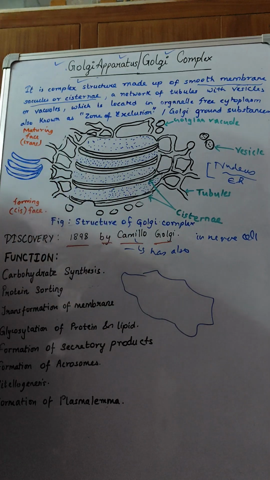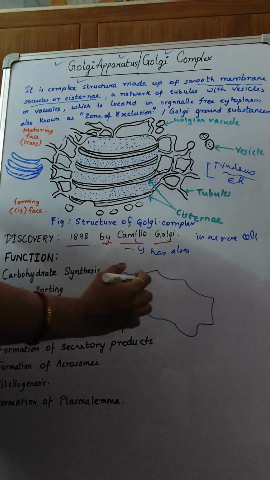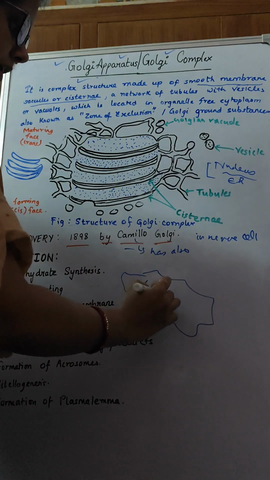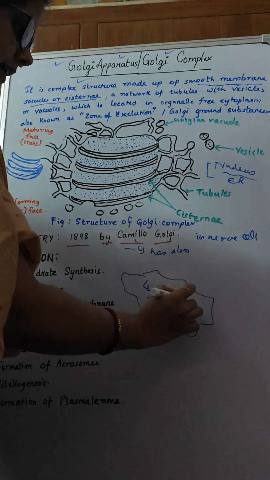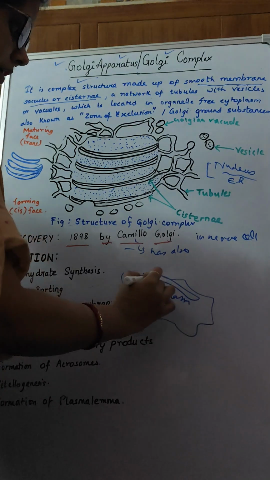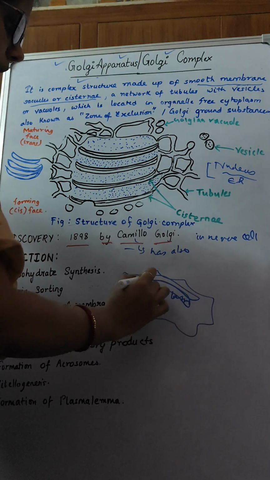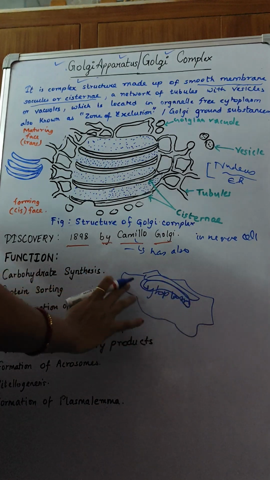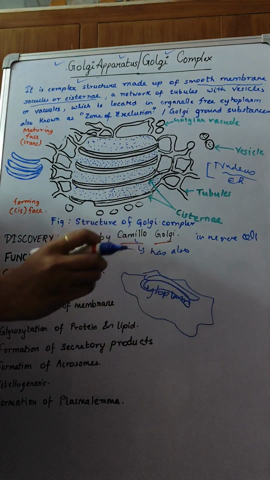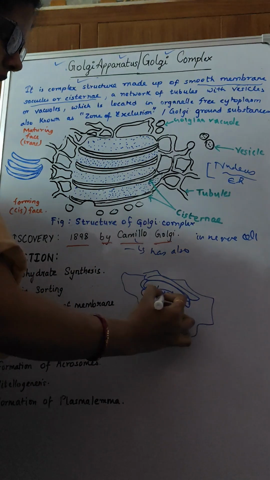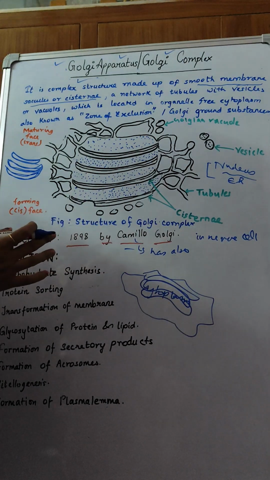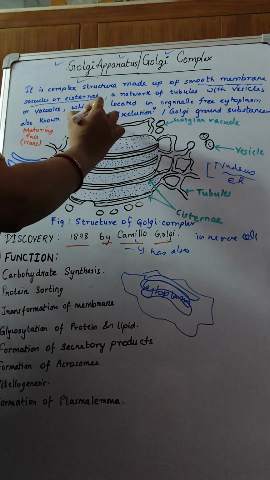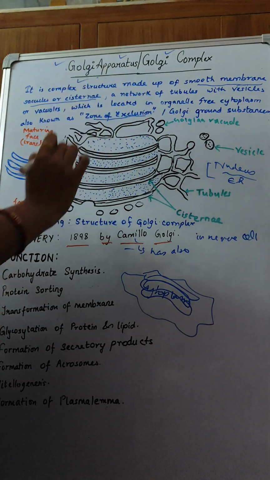It will contain very little, or you can say zero structures, only cytoplasm, and in that area our Golgi body is present. It will not contain any other cytoplasmic structure like mitochondria or ribosomes situated near there. It is a zone of exclusion. What I have written here is zone of exclusion.